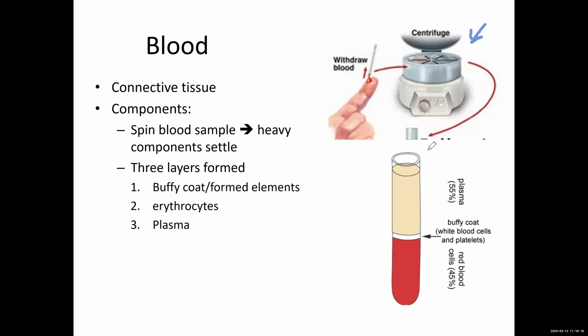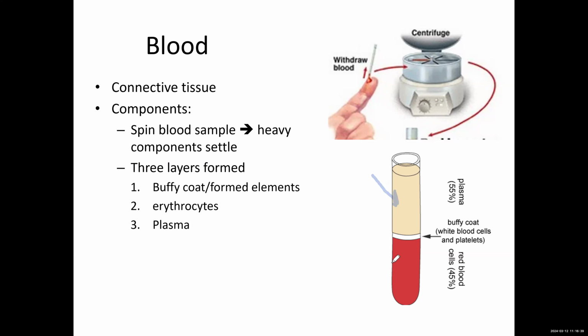Blood will be separated into several components, because when we spin a blood sample, the heavier components settle. The heavier components will be on the bottom, then we will have the buffy coat, and the lightest part of blood will be on the top.